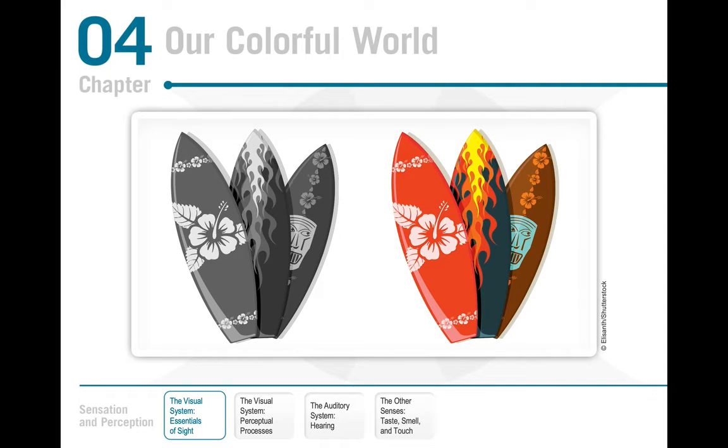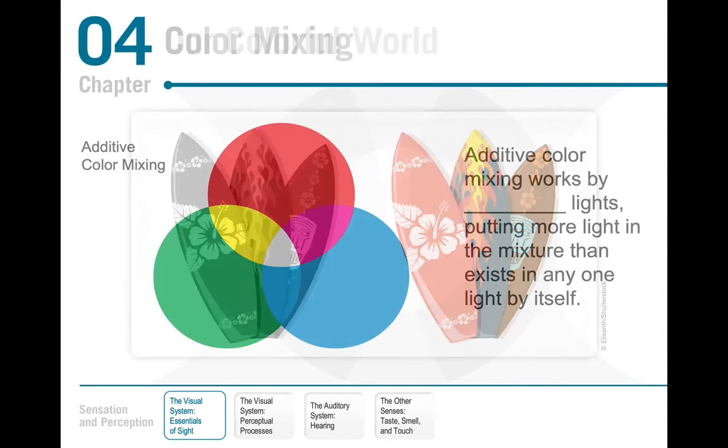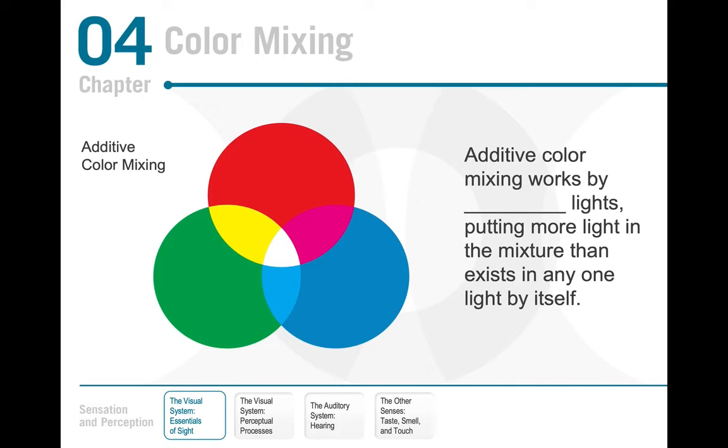So let's talk about the different ways in which we can mix colors. As this color solid demonstrates, people can perceive many different colors. Most of these variations are the result of mixing a few basic colors, and there are two kinds of color mixing. The slide over here talks about additive color mixing. The next slide talks about subtractive color mixing.